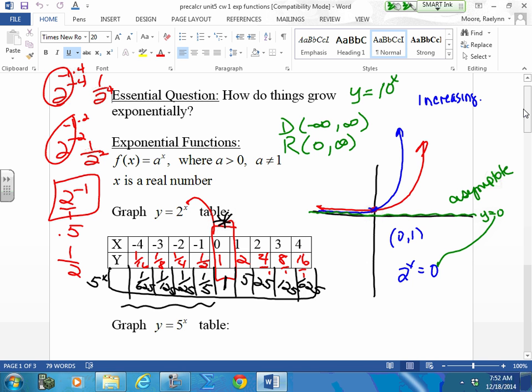It will go like this. It'll be really, really small here and a little bit sharper like this. That's your base 10. So we see the same pattern for all your increasing exponentials. And this is a continuous function.